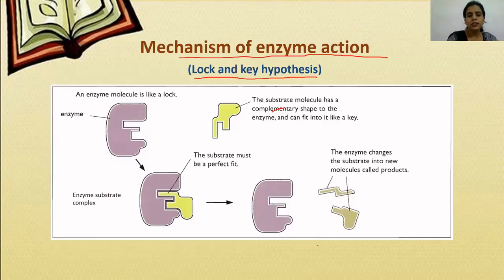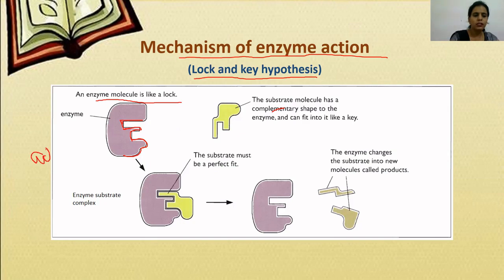So as per the lock and key hypothesis, the enzyme acts like a lock, and every enzyme molecule which acts like a lock has a particular shape. It has a particular dent with a specific shape. This dent with a specific shape in the enzyme is known as the active site. This is again a very important point.